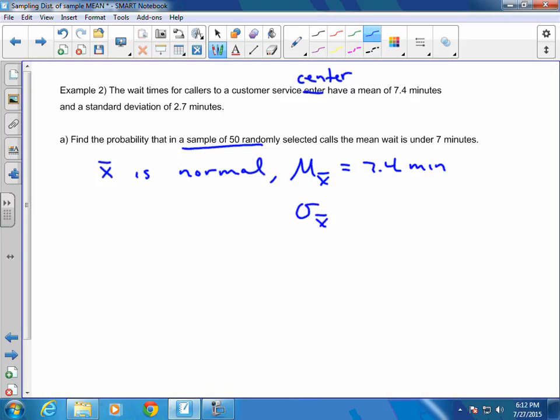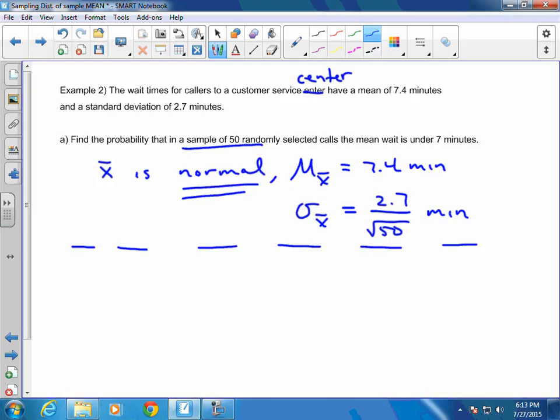And the standard deviation of my sample mean is going to be the population standard deviation of 2.7 divided by the square root of the sample size, so divided by the square root of 50. And again, here there's a natural unit in minutes, so we'll put it in minutes. All that does for me is sort of organize my process, because now I kind of remind myself I'm dealing with a normal variable. Here's the mean, here's the standard deviation.